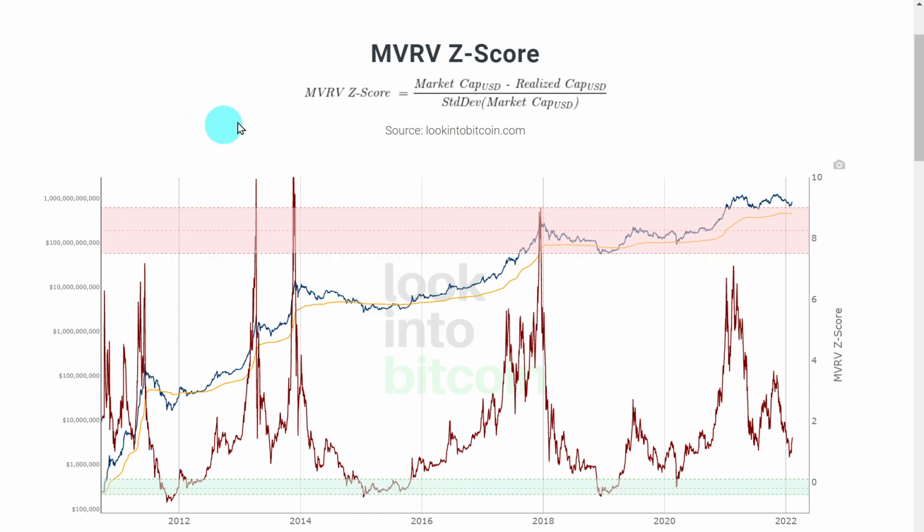So this is somewhat of a good gauge to figure out where we are in the cycle. It's not perfect, right? This peak over here didn't happen in this red area. Here we have overshot the red area. Here we have just barely reached the upper band, and here during spring of 2021 we haven't even reached the band. So it's just a rough gauge, but still I think it's very useful.